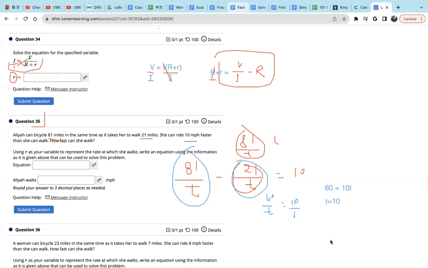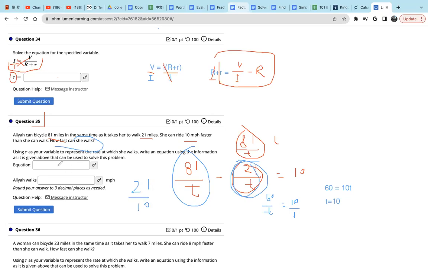So she was on the bicycle 10 hours, she walked 10 hours. And the question is, how fast can she walk? How fast can she walk? It's asking this, 21 divided by 10. Well, 21 miles divided by 10 hours, that's her speed.